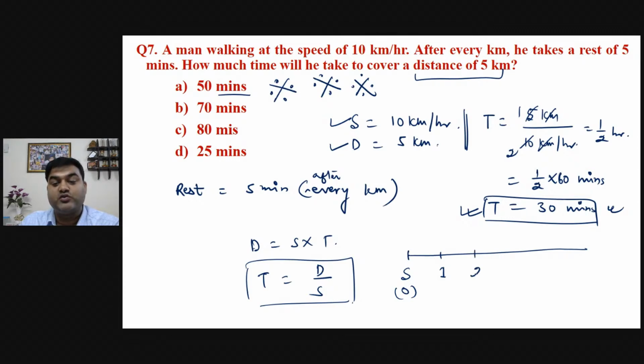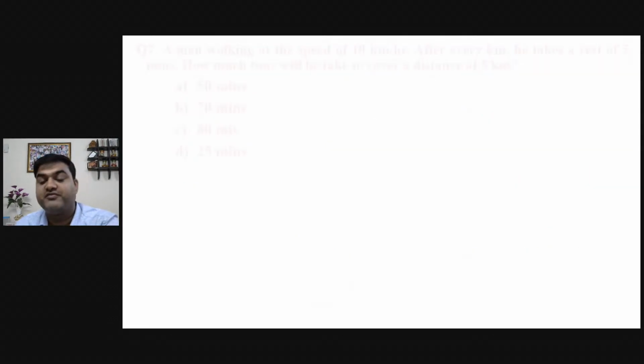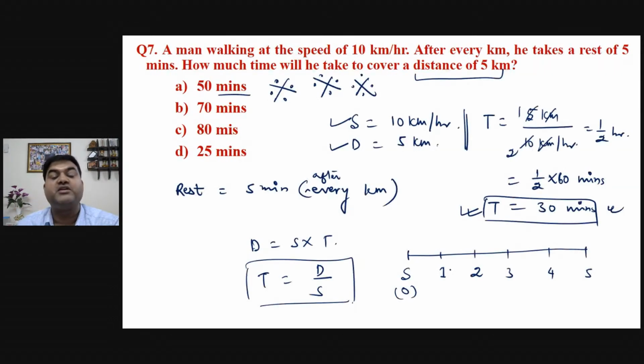Then 1 kilometer, 2 kilometer, 3 kilometer, 4 kilometer, and this is the fifth kilometer. Understood? The total 5 kilometer the person has to go, starting from this place towards that side.